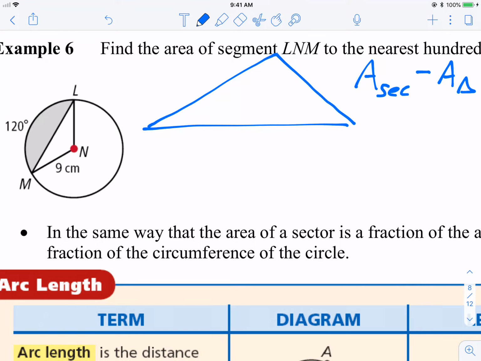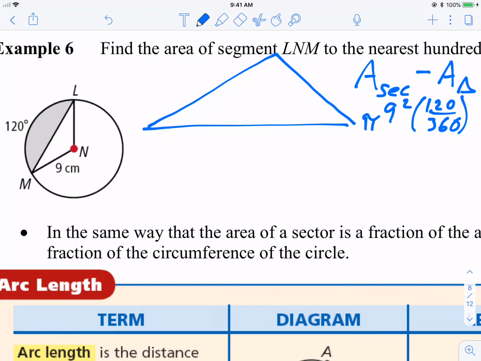Okay, so the area of that sector, we could find that pretty easily. Pi times the radius of 9 squared, and then we're multiplying this by the fraction of the circle that we have. So 120 out of 360, that fraction reduces to 1/3.